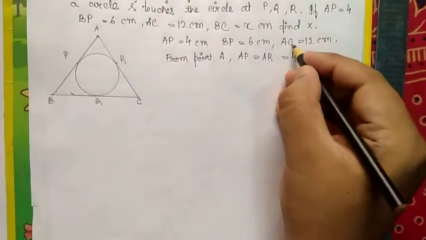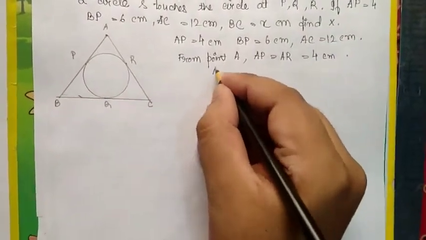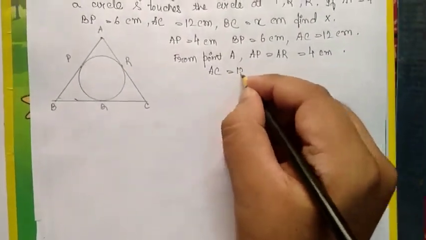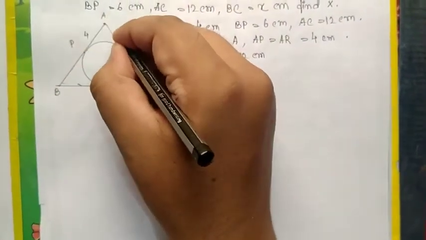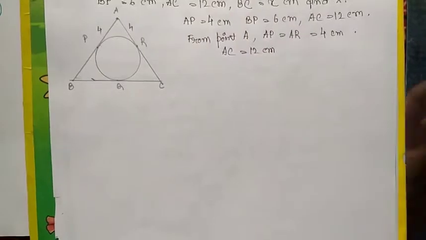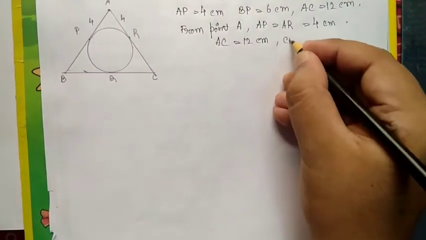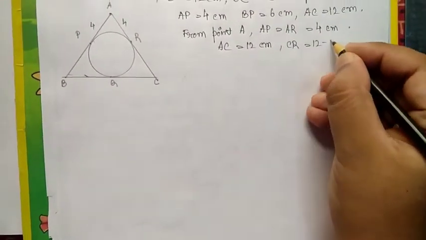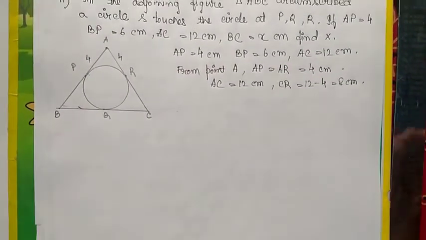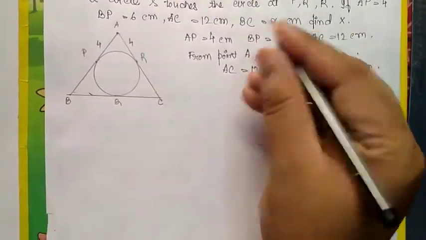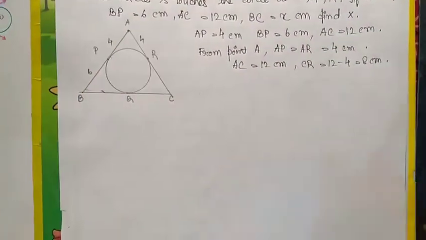We know that AC equals 12 centimeters. So if AC equals 12 centimeters and this is 4, this is 4, so CR equals 12 minus 4, 8 centimeters. Now we know that BP equals 6 centimeters, this is 6.